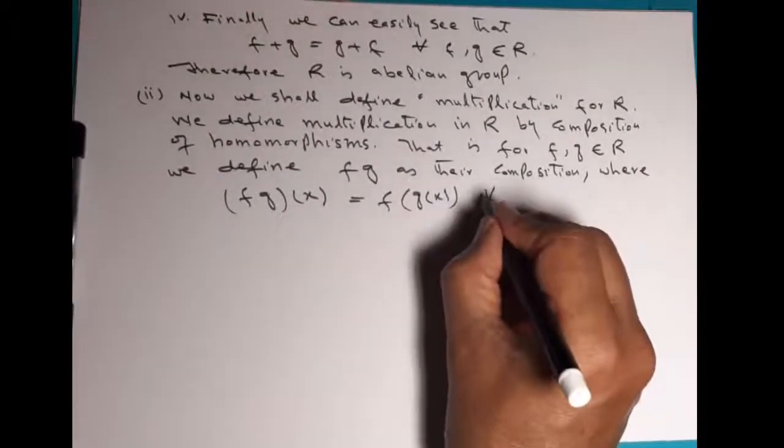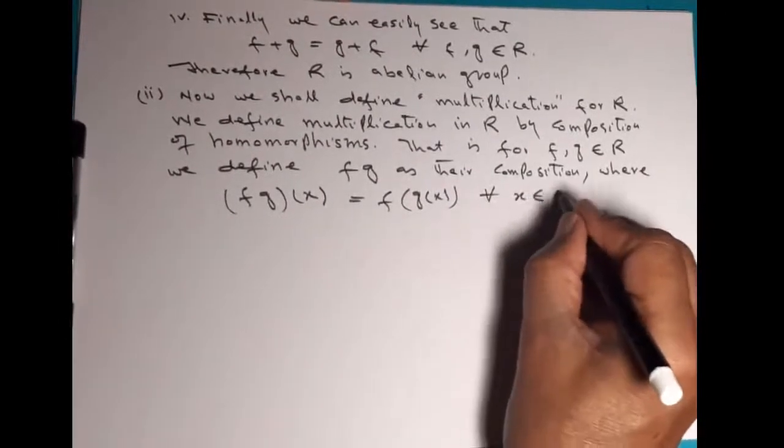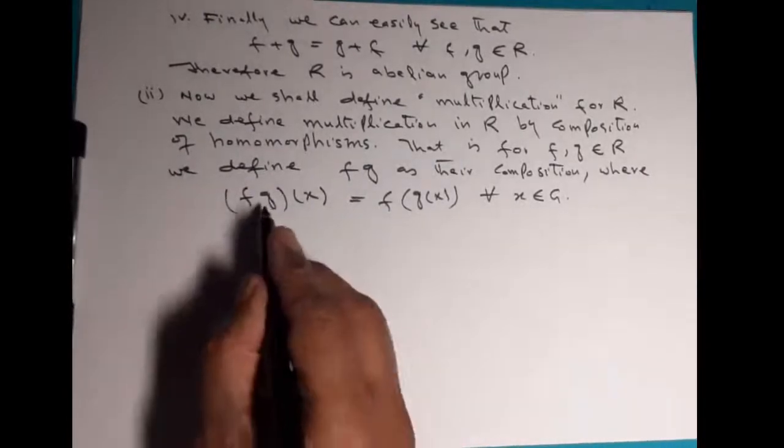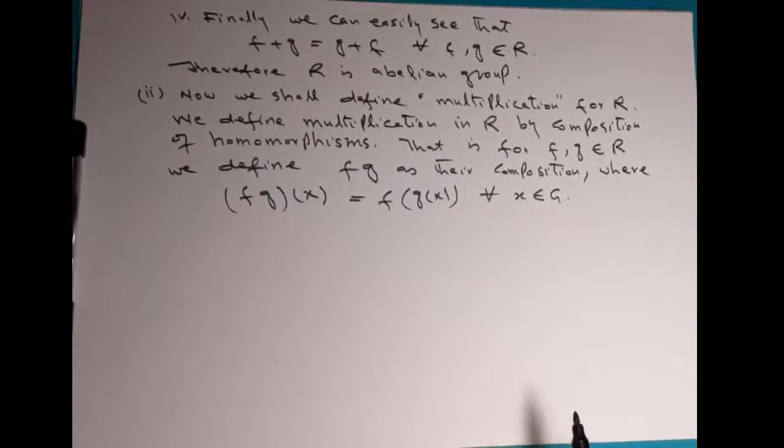This is for all x belonging to G. So this is the way we define multiplication, and we denote it by juxtaposition. In fact, this is composition of homomorphisms or composition of endomorphisms.